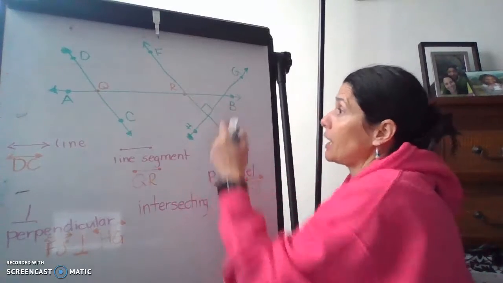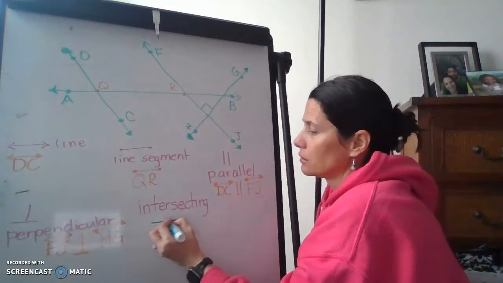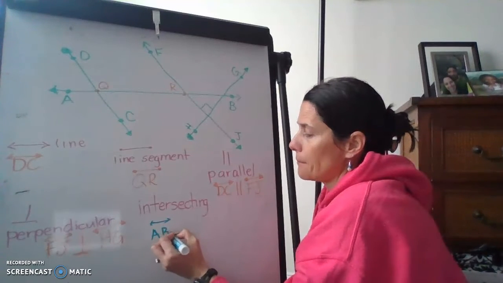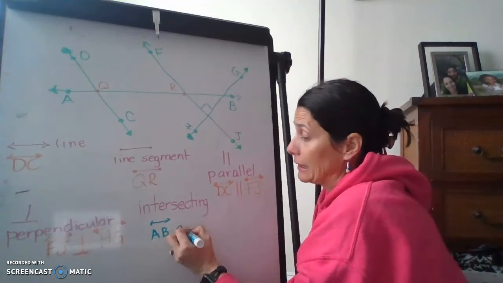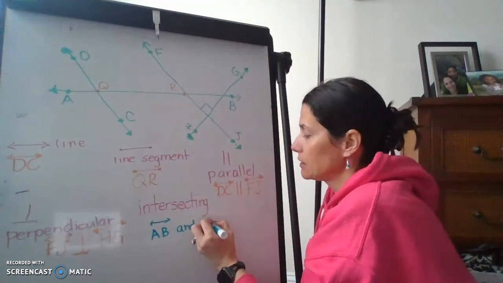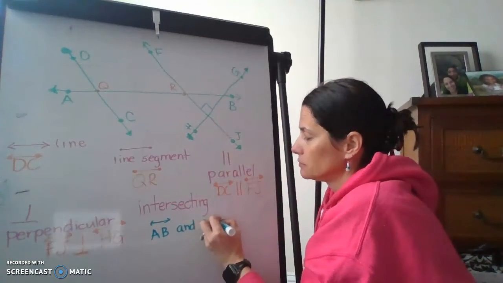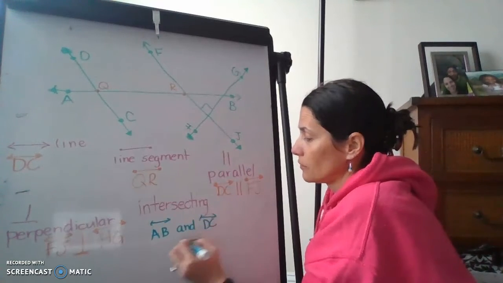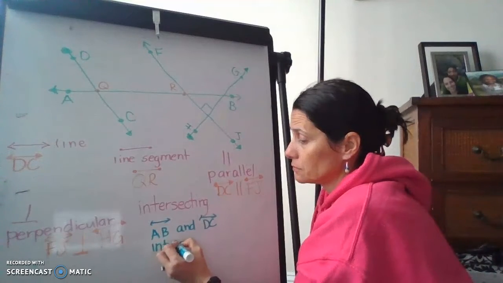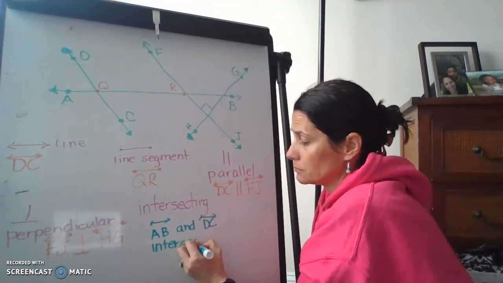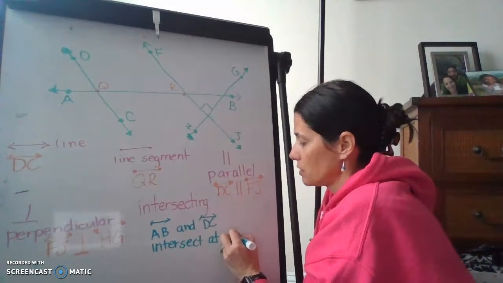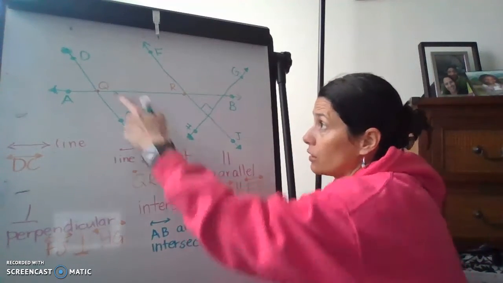So it would be line AB and line DC intersect at point Q.